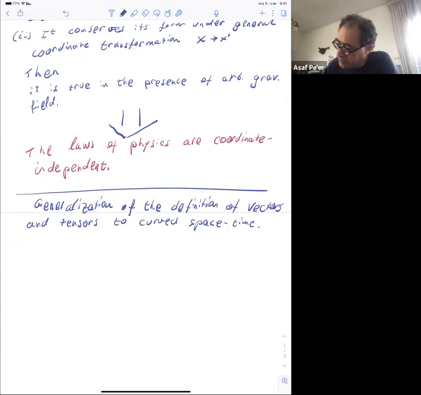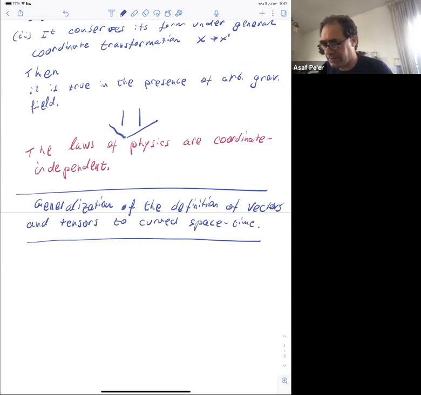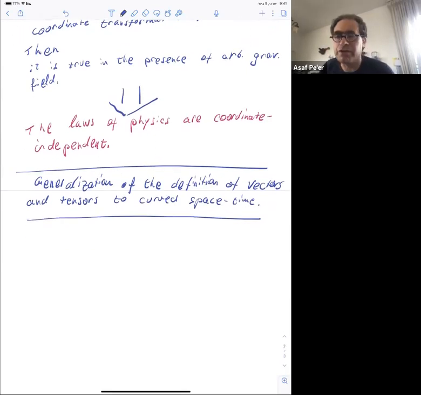And the most important, although it's quite subtle, pay attention, is that vectors are directional derivatives.